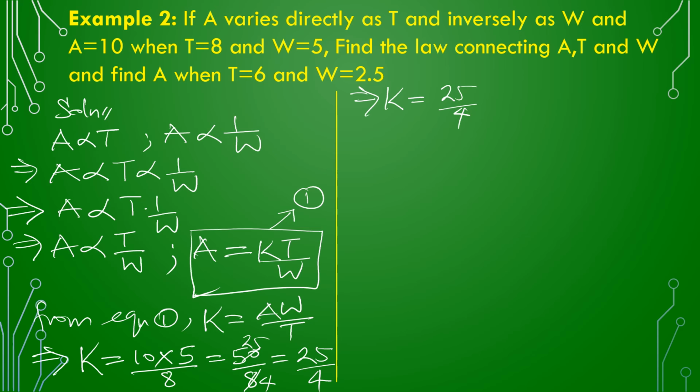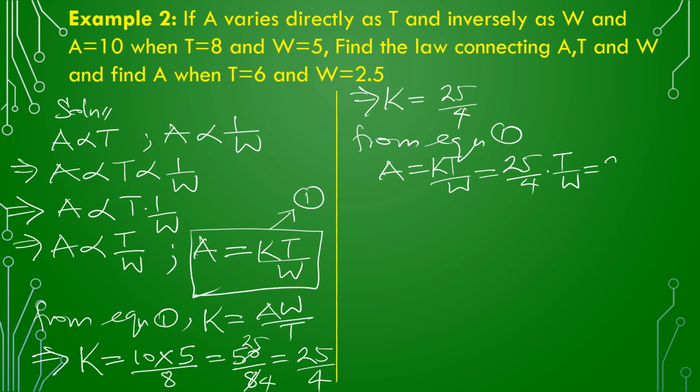Now, from equation 1, we have that a is equal to k t over w. So k is 25 over 4 times t over w, which is 25t over 4w. Now this simply means a is equal to 25t over 4w.